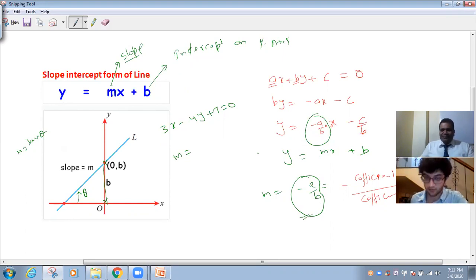So you can use direct. M equals minus a by b, yes. So that is minus 3 by minus 4. So that is 3 by 4. Correct. 3 by 4. It's clear.